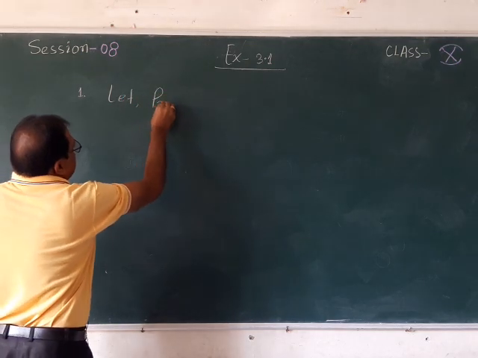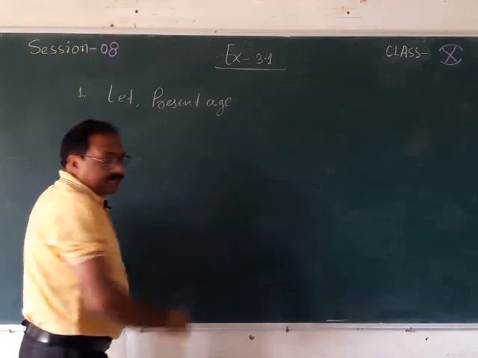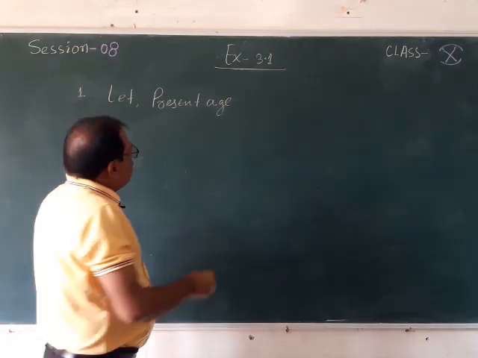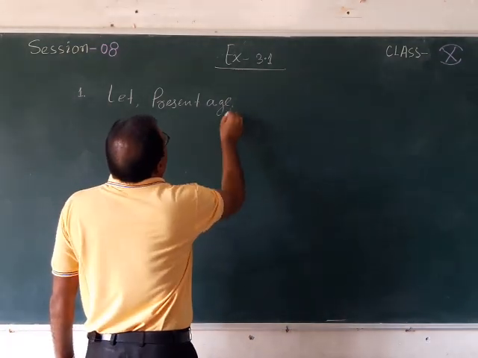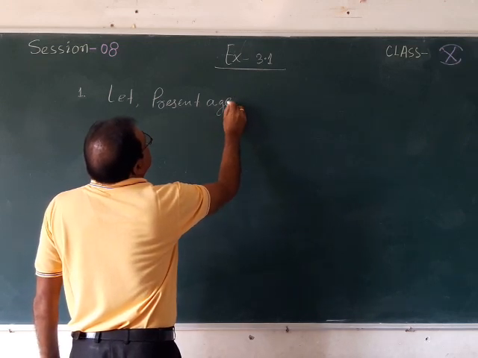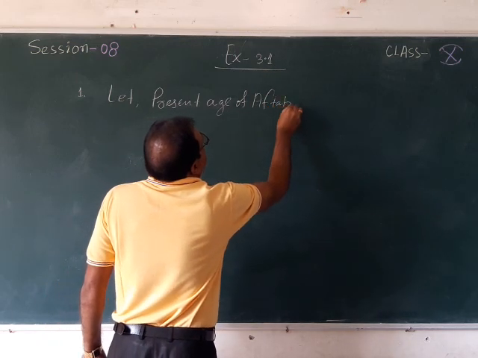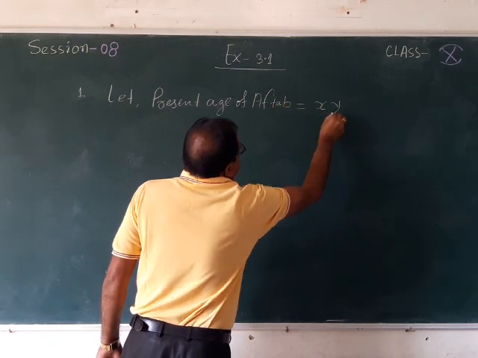Let the present age of Aftab, whose age you will take first, be x years.